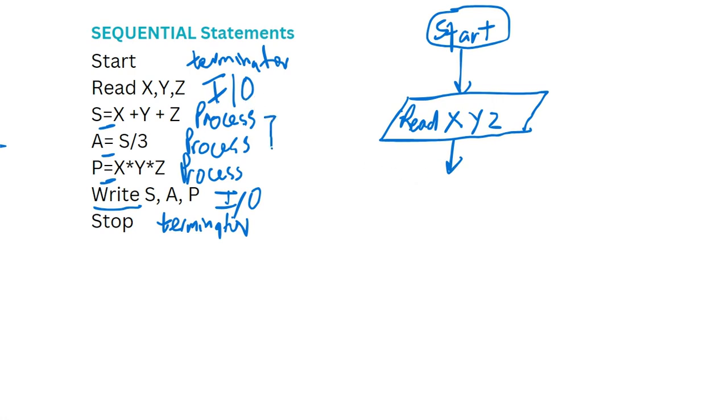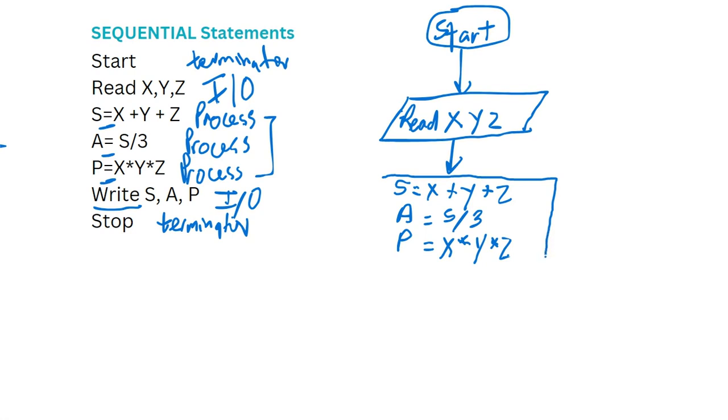So what I'm going to do is put all of this process in one box. S equal X plus Y plus Z. A equal S divided by 3. P equal X times Y times Z, and all of that goes in a process box, which is a rectangle.